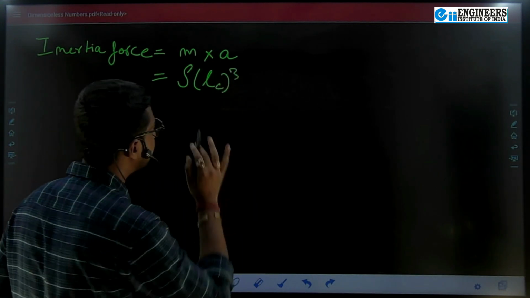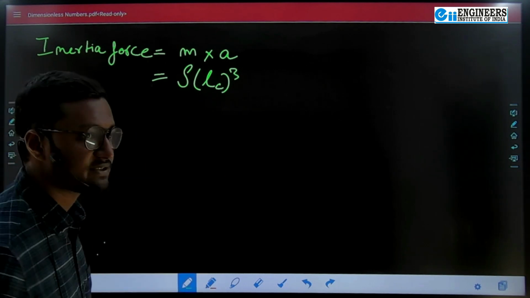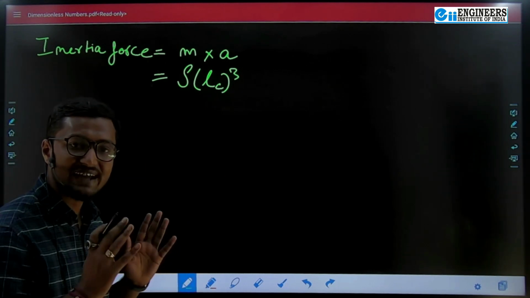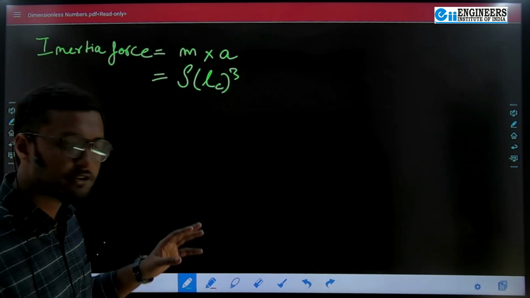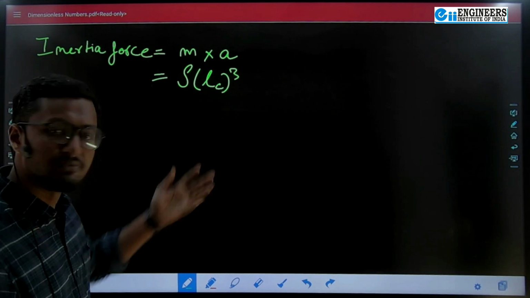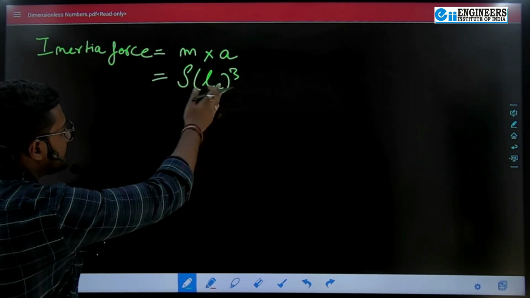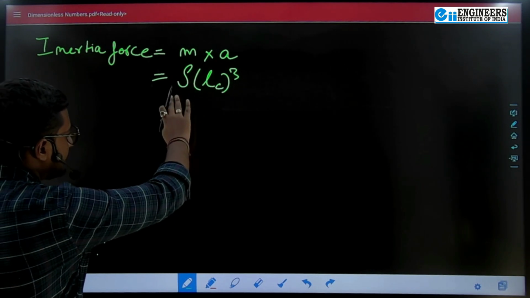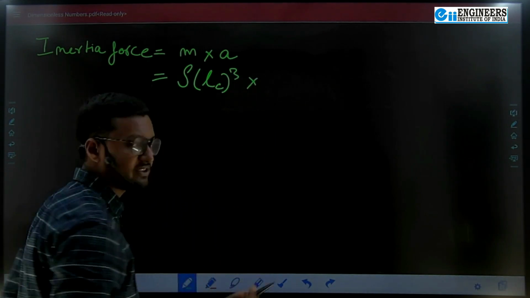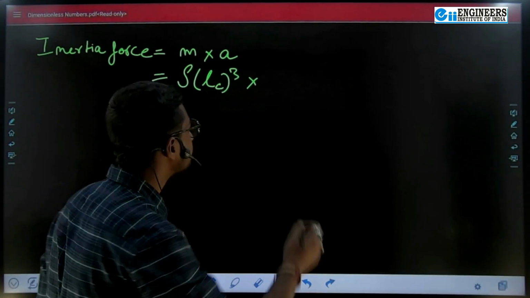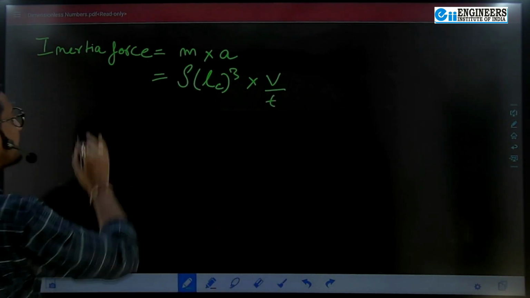Since this is a dimensionless number, we focus on the dimensional analysis of our quantities. The dimension of volume is meter cube, and the dimension of LC cube is also meter cube. So mass will be rho into LC cube, density into volume. Acceleration is velocity upon time. So this is our inertia force.